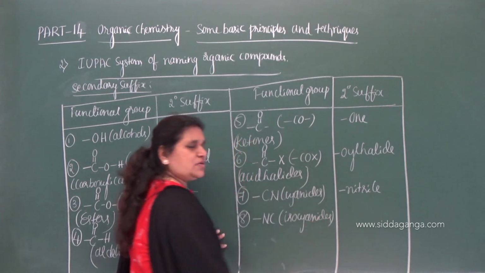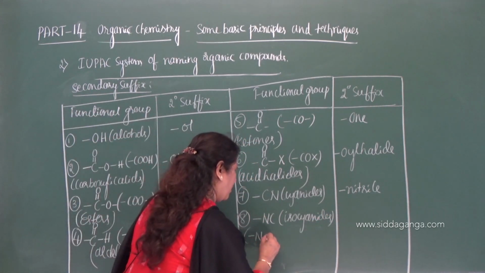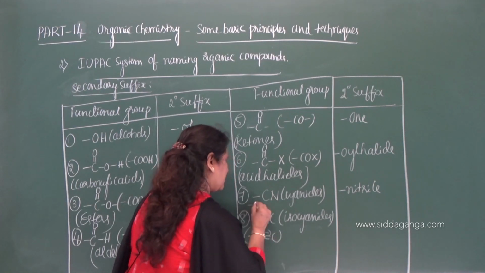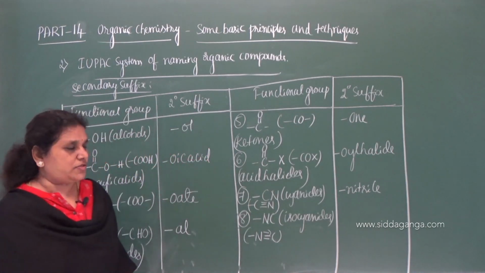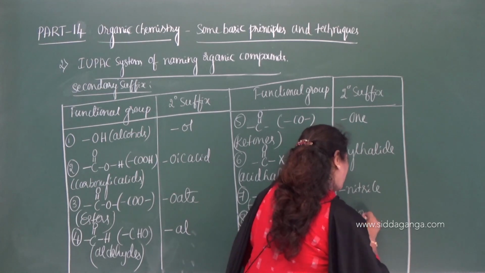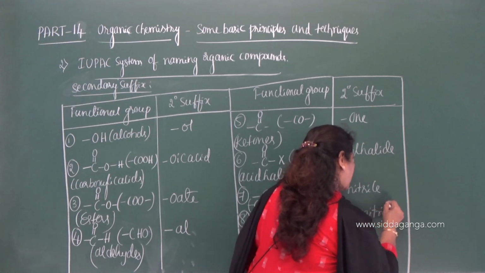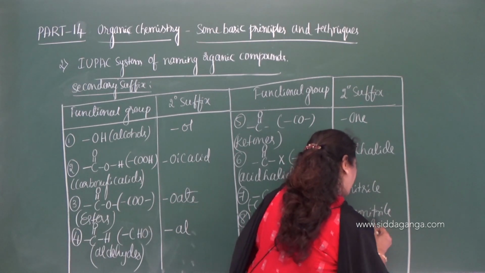If it is isocyanide, how to write the structure here? N. So this is C triple bond N. Correct? Cyanides and isocyanides. Then the secondary suffix will be isonitrile, you can use, and you can even use carbylamine.